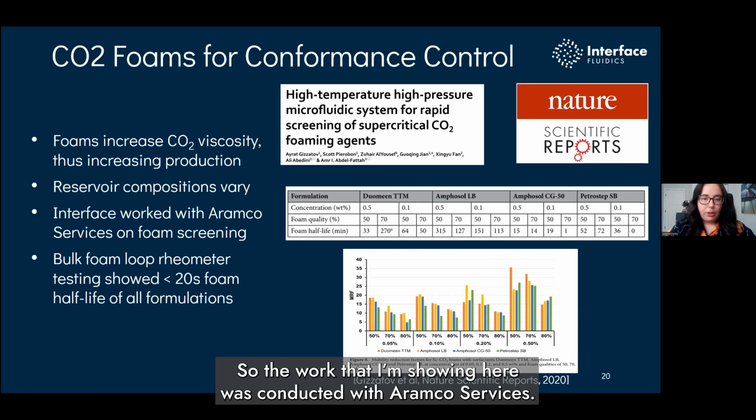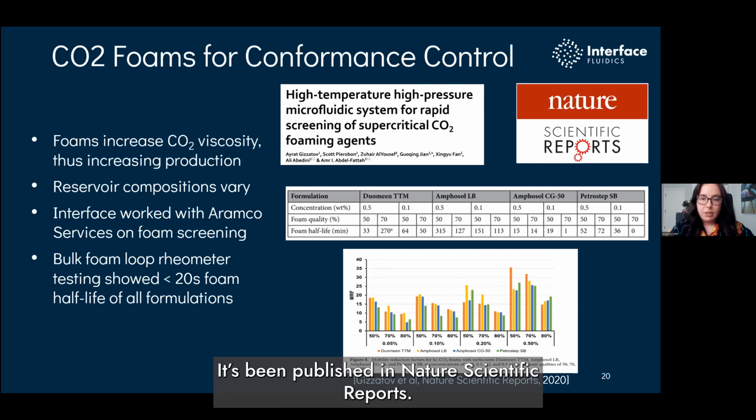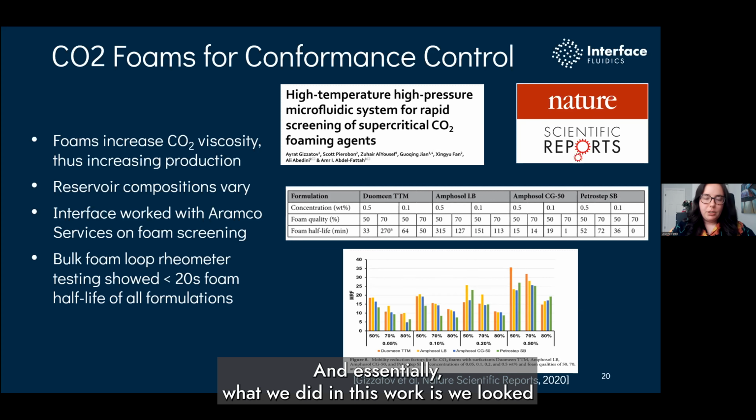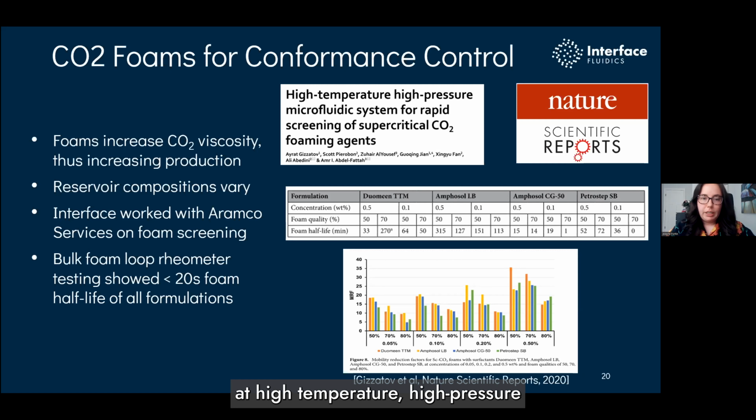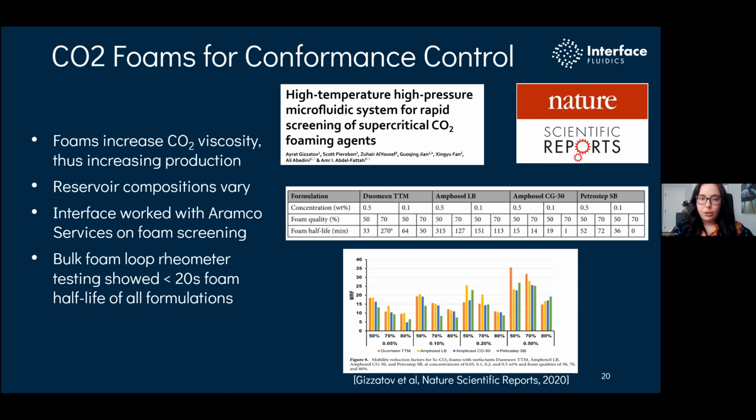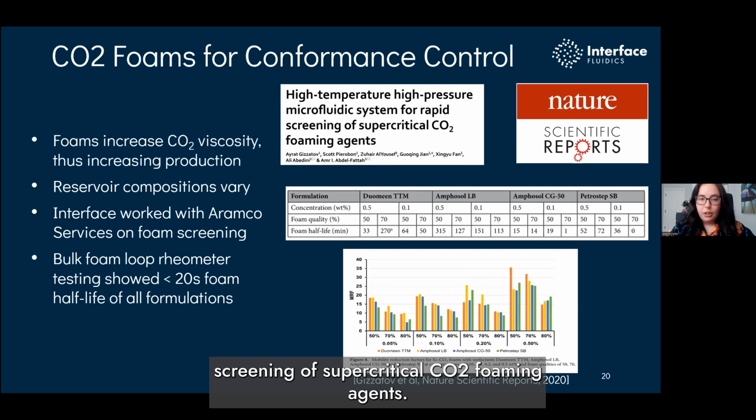So the work that I'm showing here was conducted with Aramco Services. It's been published in Nature Scientific Reports. Essentially what we did in this work is we looked at high temperature, high pressure screening of supercritical CO2 foaming agents.